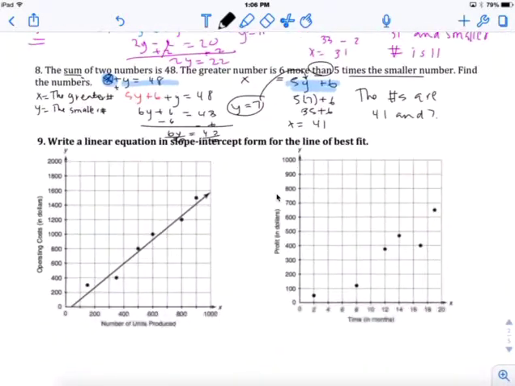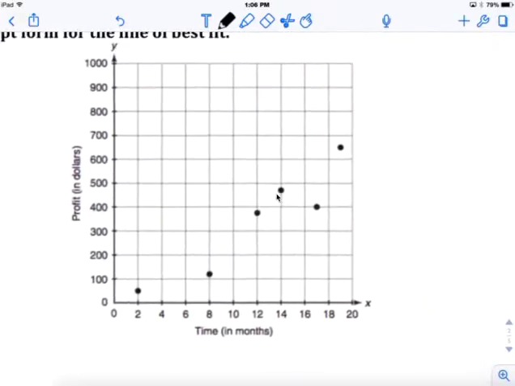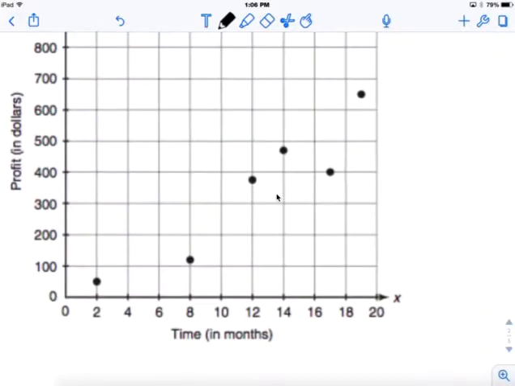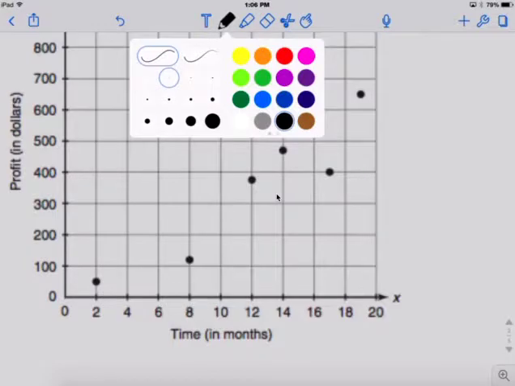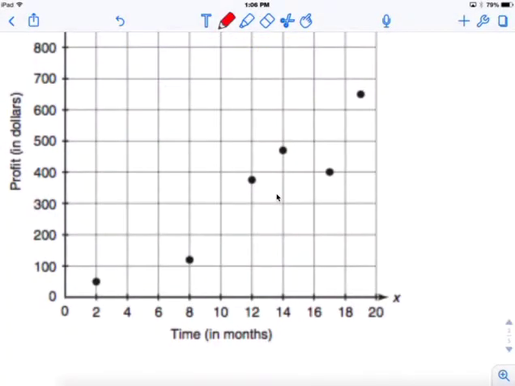Okay, write a linear equation in slope-intercept form for the line of best fit. I'll do this one, just in case you forget. All I want to see is the line of best fit in here. So I'm going to be smart and draw a line right in the middle, making sure that I at least get closer if I have to.